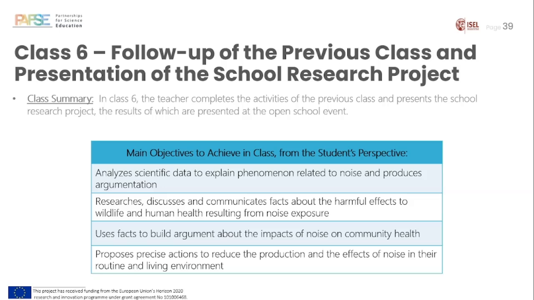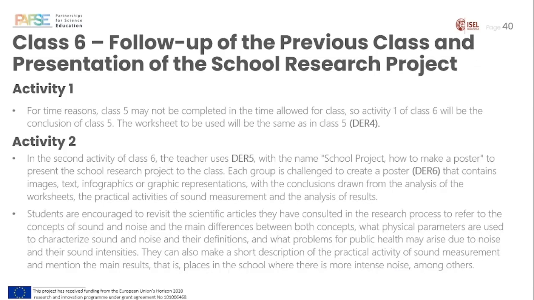And in class 6, the teacher completes the activities of the previous class, so some period of time is reserved for activity 1 of class 6 to accomplish all the activities proposed in class 5, and the school research project, the results of which are presented in the school, should be addressed.